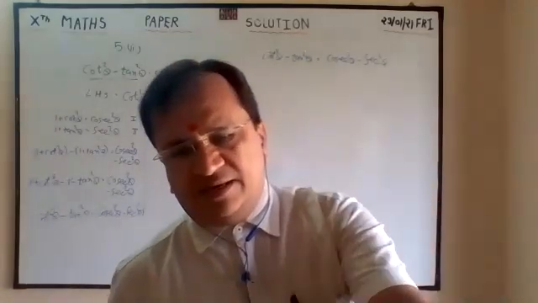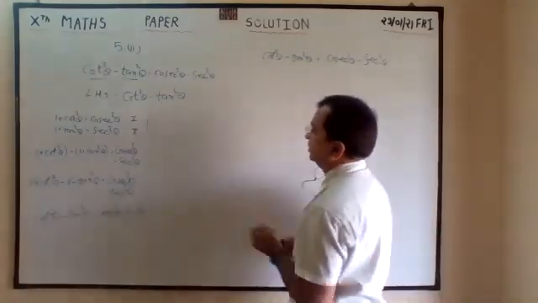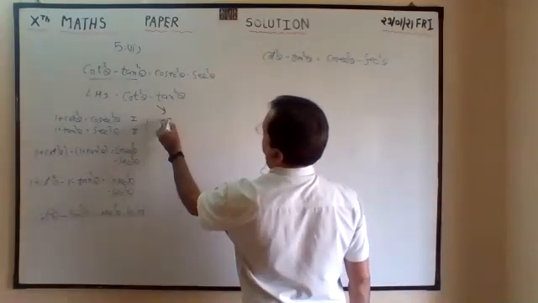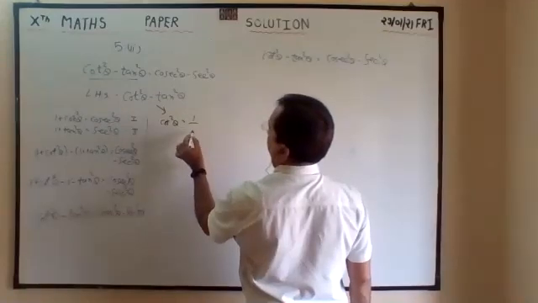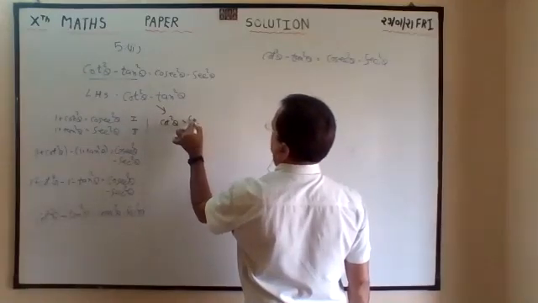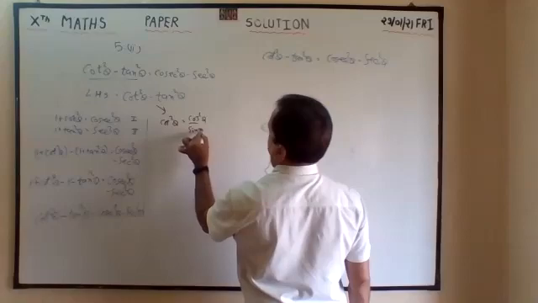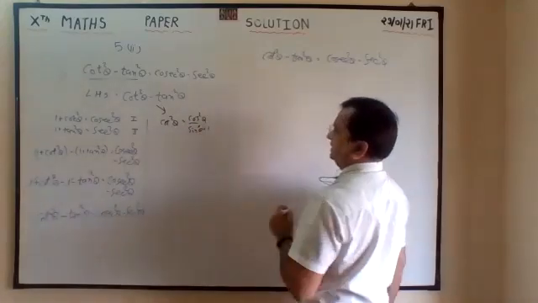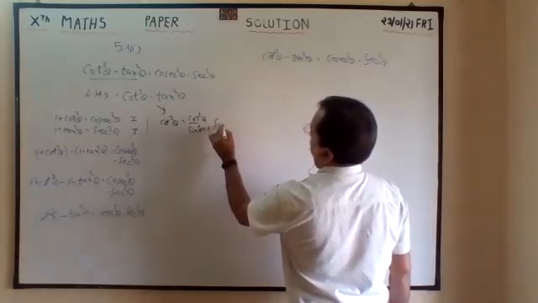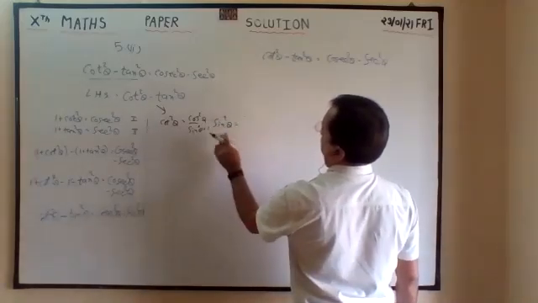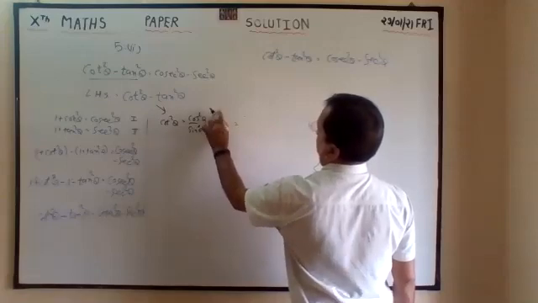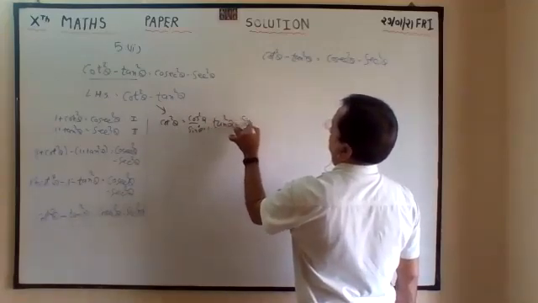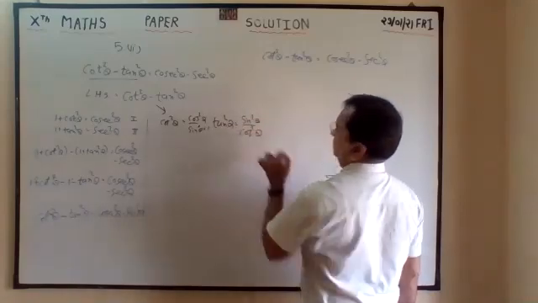Now by the second method. Left hand side is this. So cot square theta is equal to cos square theta by sin square theta, and tan square theta is sin square theta by cos square theta.